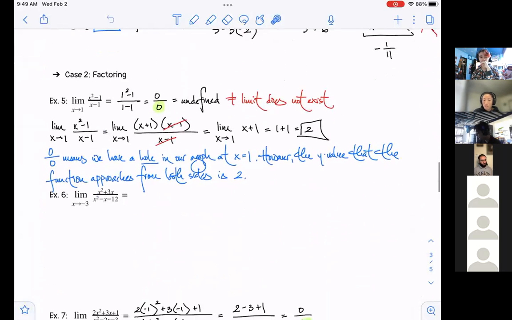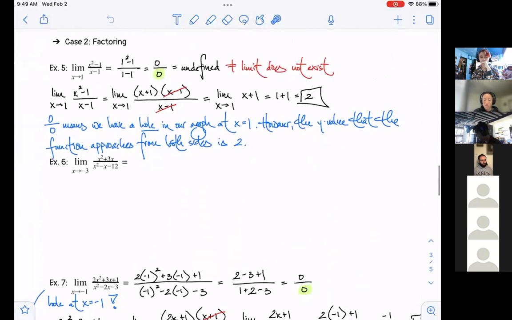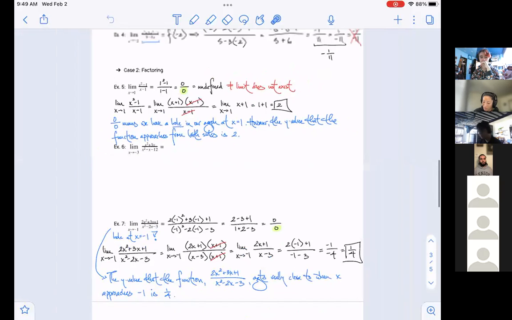But then when we took a look at some other cases, we realized that sometimes when we plugged in the number, we would get 0 divided by 0. And we said that that 0 on the bottom was actually the problem. Okay, that gave us an undefined. And actually, it meant that when we get 0 over 0, we end up with a hole in our graph.